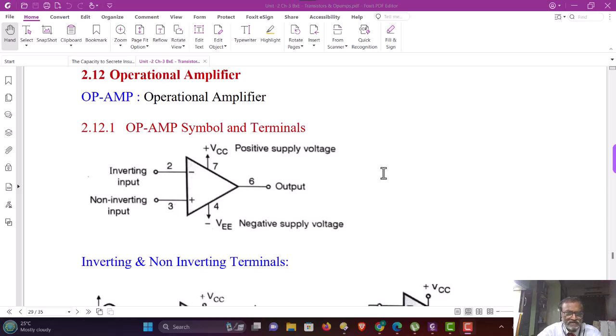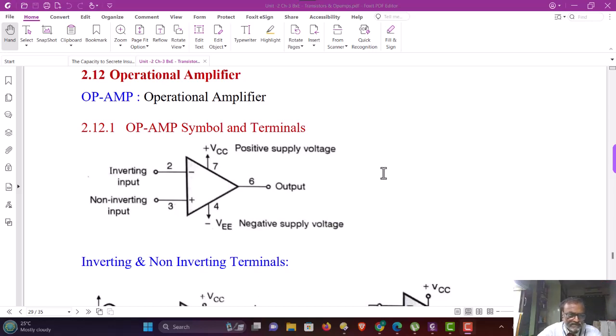This nomenclature is applicable to the op-amp IC741. Pin number 2 is inverting input, means the signal connected to pin number 2 with respect to pin number 3 is getting inverted and amplified and available at the output.